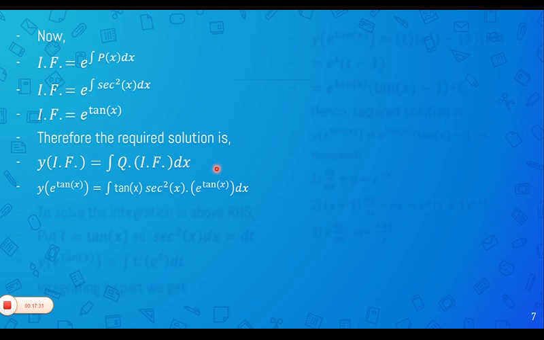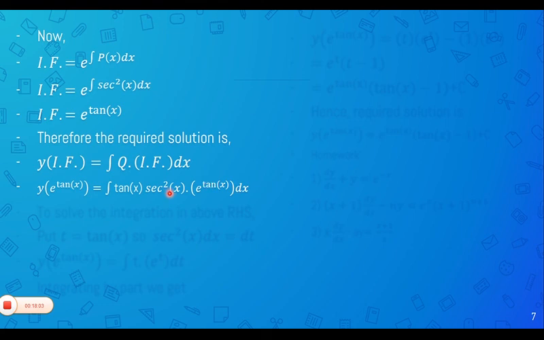We cannot find the integration. So this is the main problem, and to eliminate that problem we have to put t equal to tan x. But is my thinking right in putting t equal to tan x? There is a criterion to check whether you are correct or not. If you want to put t equal to tan x, just check whether the derivative of tan x is multiplied by dx or not.